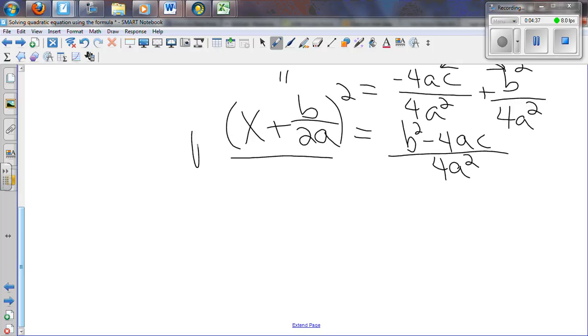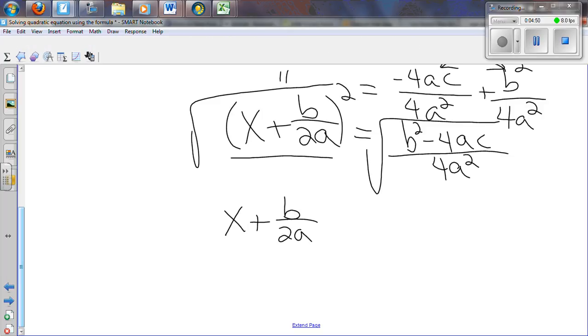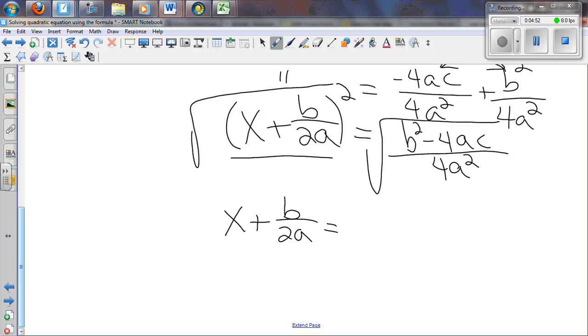Since I've taken the square root of both sides, the left side is x plus b over 2a. On the other side, I'm going to separate the square roots, top and bottom. So this is the square root of b squared minus 4ac, all over the square root of 4a squared, which is 2a.